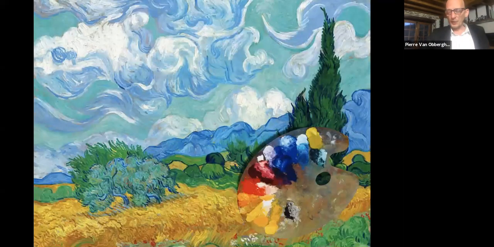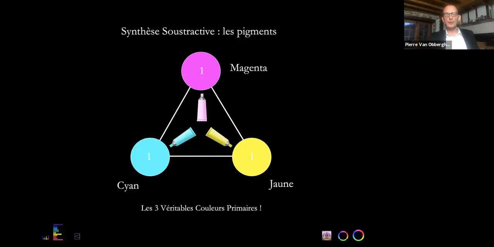With pigment colors, maybe you know, you can make all the colors you want if you have only three colors. These are called primary colors. By mixing those three primary colors, you can create absolutely every color you want. Those three colors are magenta, yellow, and blue cyan. This is very important. Many people believe that the three primary colors of painting are red, yellow, and blue.